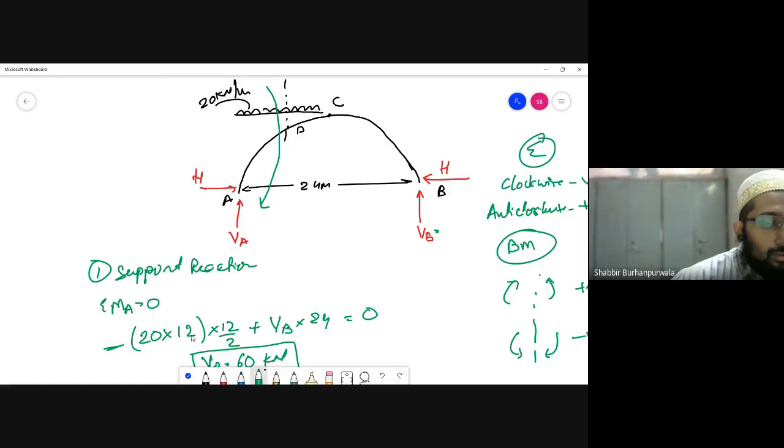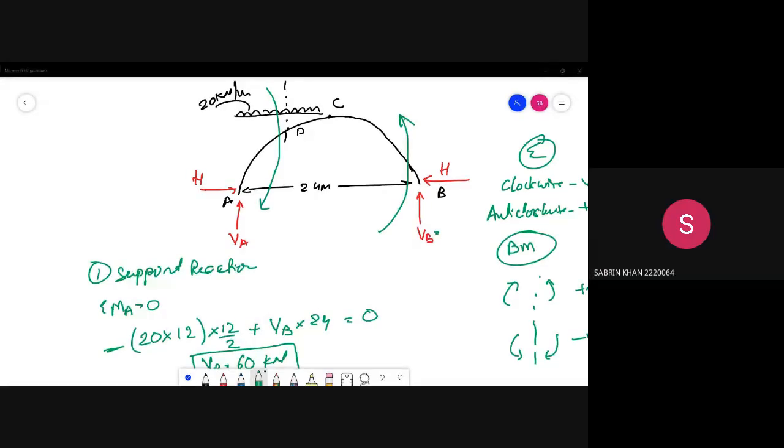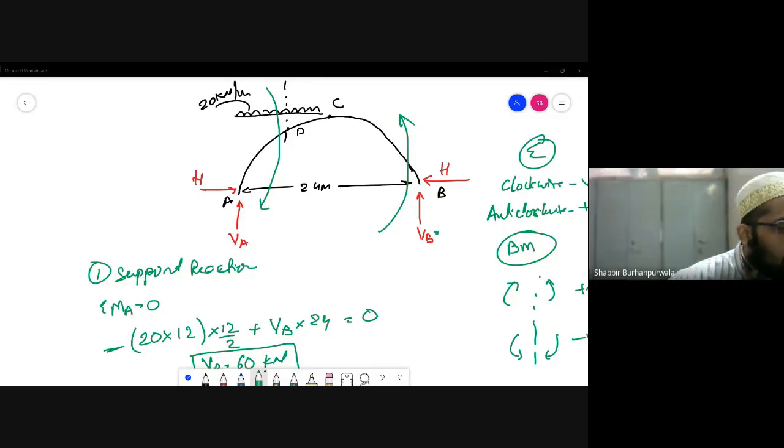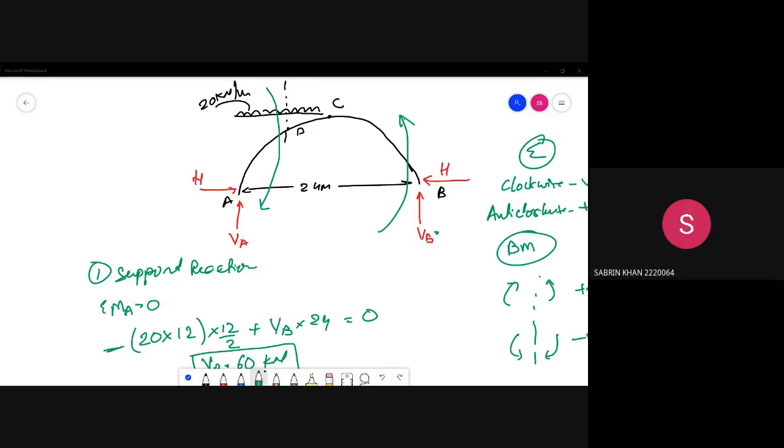Similarly, VB pushes the member in this direction, so the direction of rotation for VB is anti-clockwise. Hence, I have taken VB as positive. Is it clear, Sabrine? Yes sir.